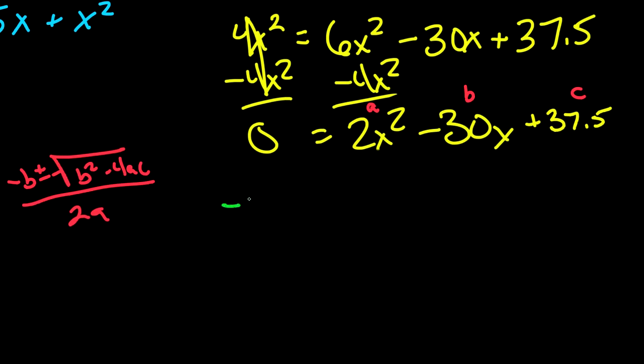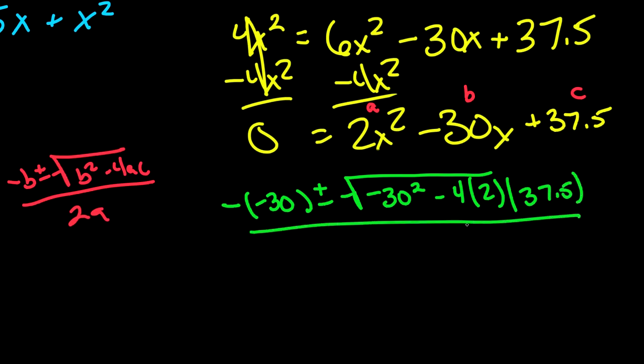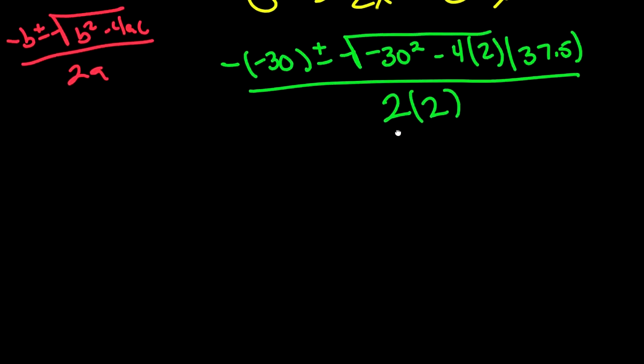Negative b is negative 30 plus or minus the square root of negative 30 squared minus 4 times a, which is 2, times c, which is 37.5, over 2a, which is times 2. Now that we got that set up, let's do some math.